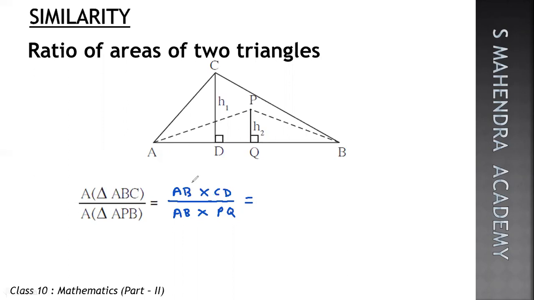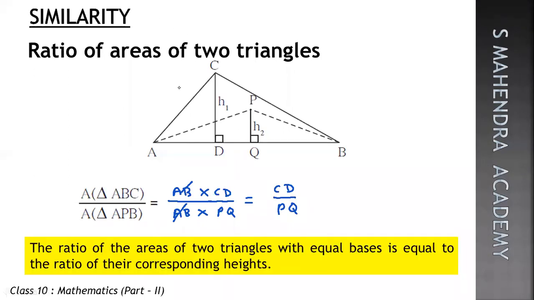The quantity AB is the same in both cases, so these quantities will cancel out and the final output will be CD upon PQ. So in this case, we can conclude that the ratio of the areas of two triangles with equal bases is equal to the ratio of their corresponding heights.